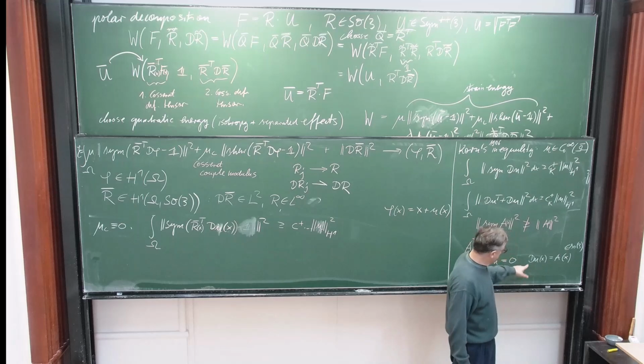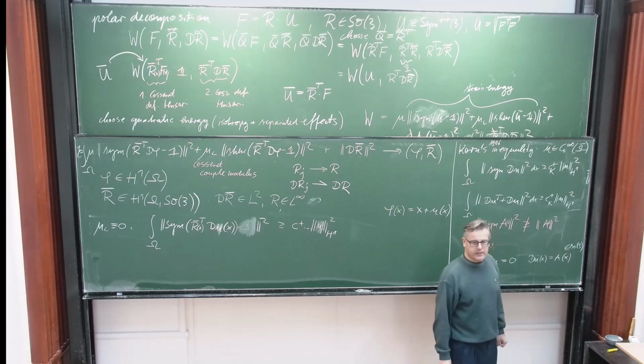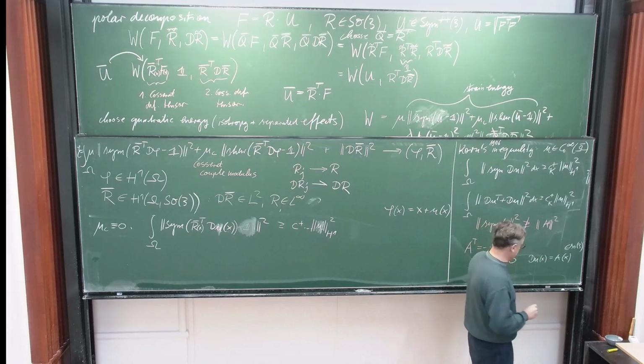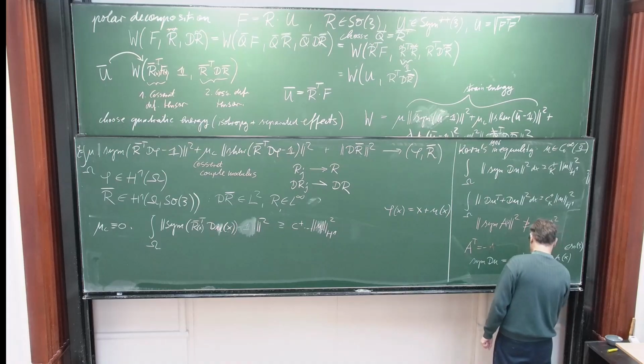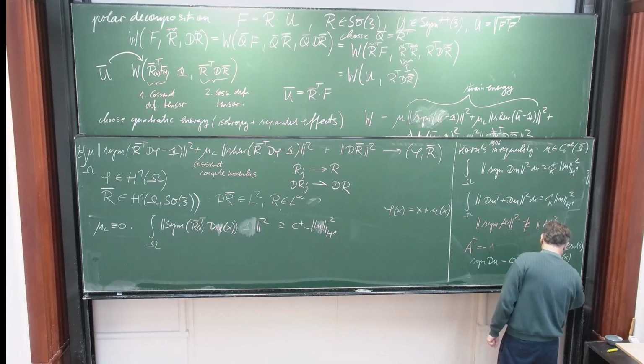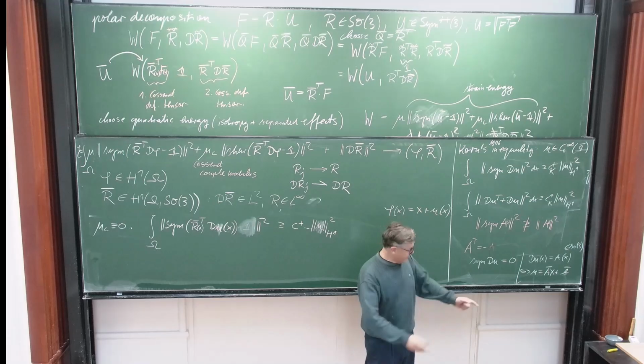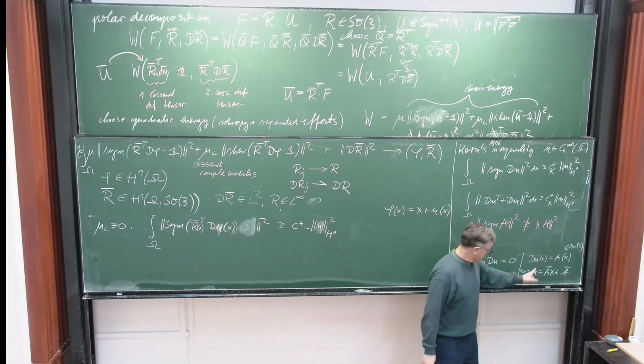The gradient is a skew-symmetric matrix. It turns out that this is equivalent to u being a constant skew-symmetric matrix plus a translation. There you have to do something on PDEs, but it's easily done.